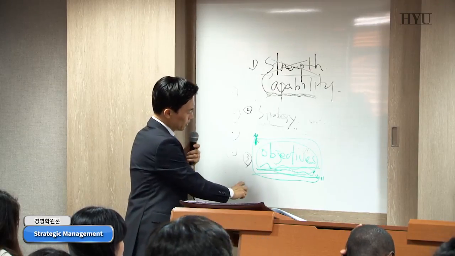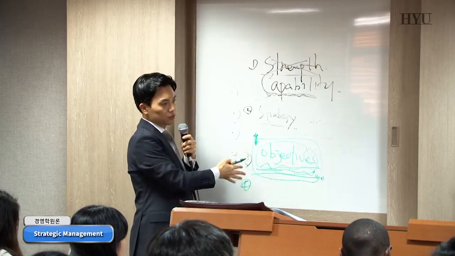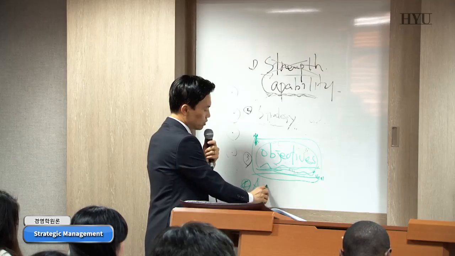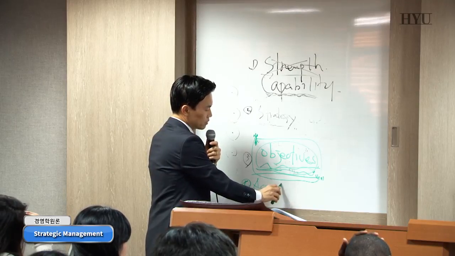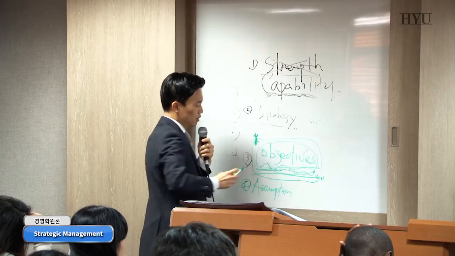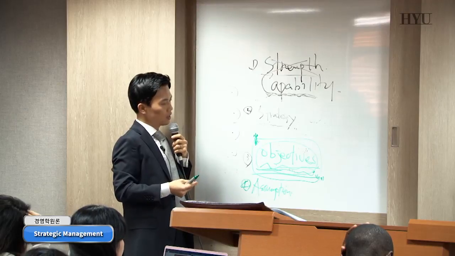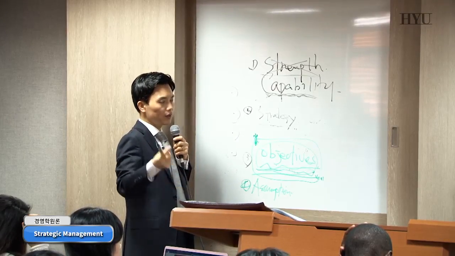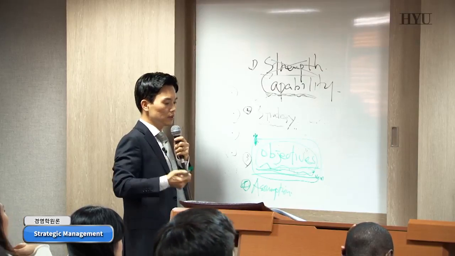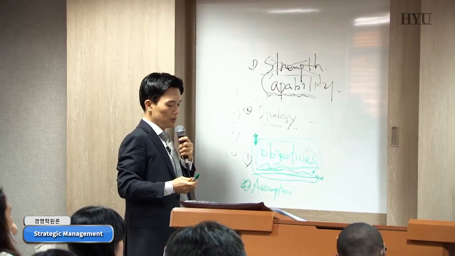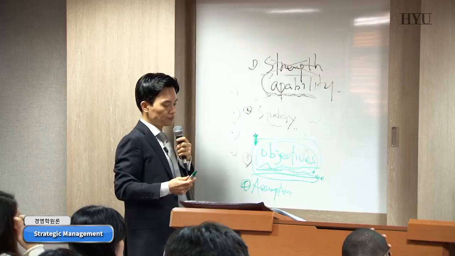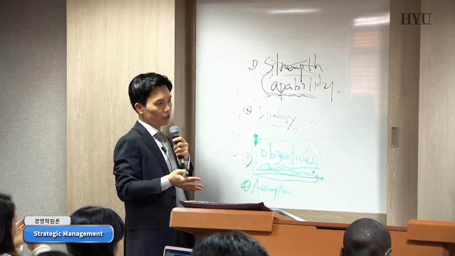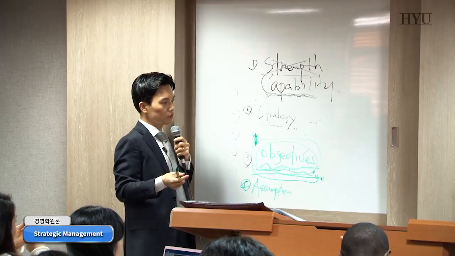And number 4 is, in a similar vein, you have to understand the assumptions of the competitors. Here assumption means how the competitors view the market. Like Intel, for instance, the competitor of Samsung Electronics in semiconductors.